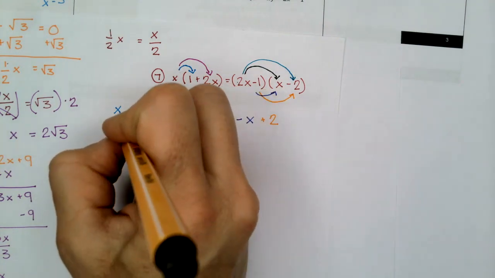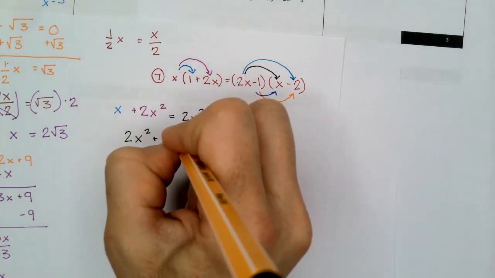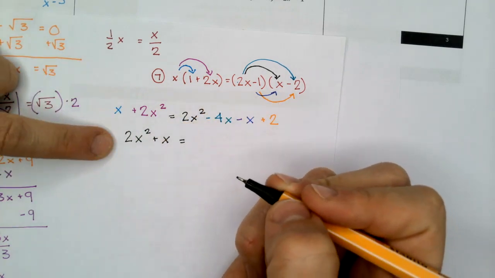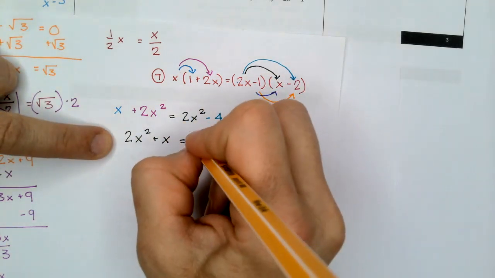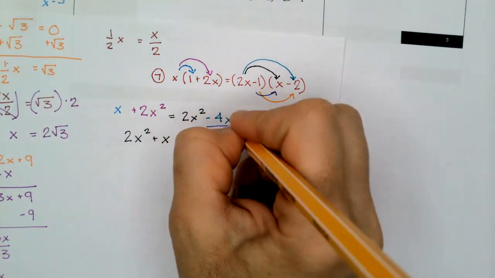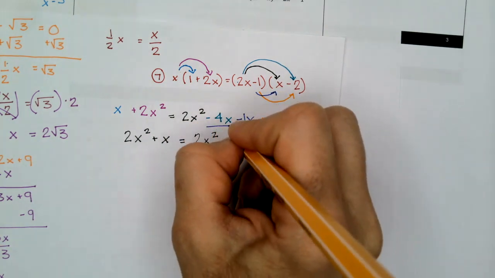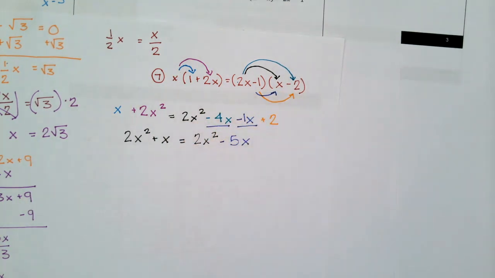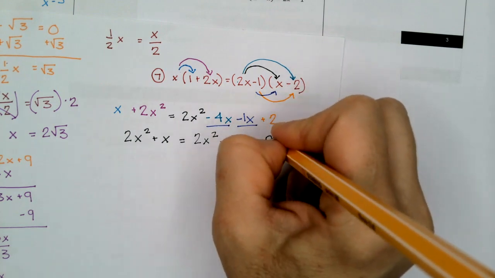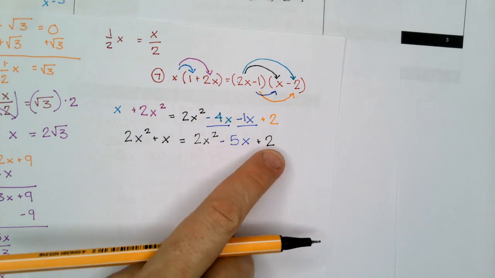x plus 2x squared. I'm just going to put them in standard form, or descending order, so I'm going to put the bigger exponent in front. 2x squared. I'm going to immediately combine the like terms, -4x and -1x, right? -4 minus 1 is a -5x plus 2. So now we have 2x squared plus x equals 2x squared minus 5x plus 2.